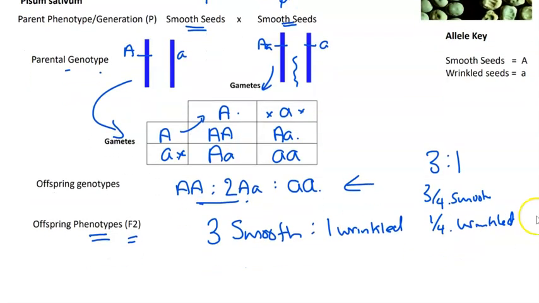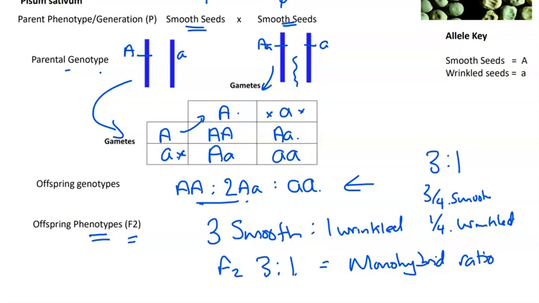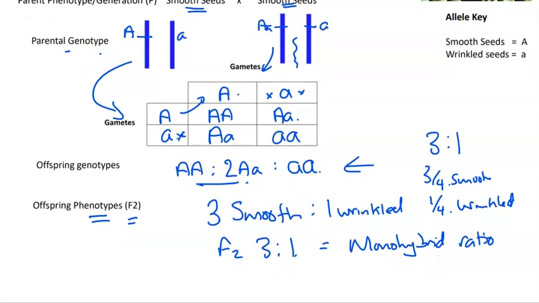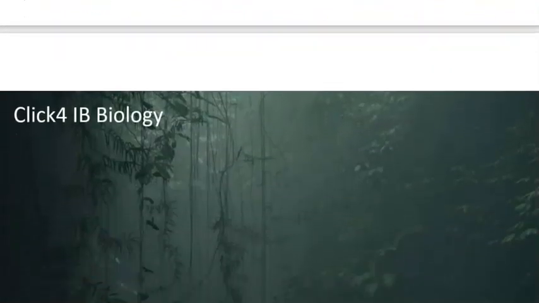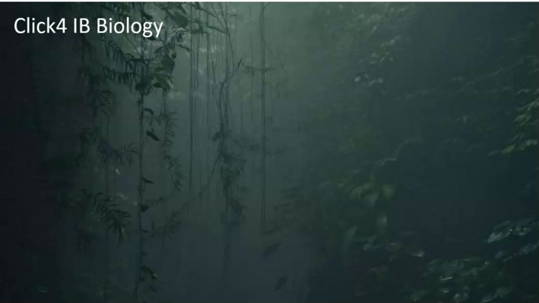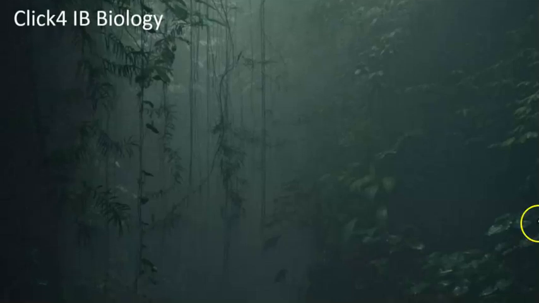This ratio of 3 to 1 in the F2 is often referred to as the monohybrid ratio. So those are the ratios that you would predict if we were dealing with one gene, 2 alleles, and complete dominance. In the next video, we will look at the inheritance patterns in codominance.